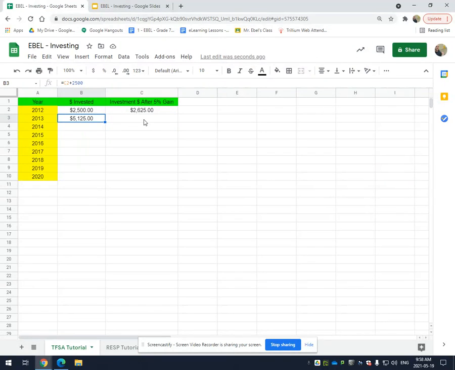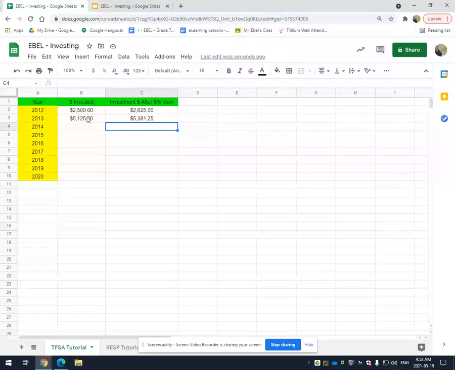And then I'm going to do the same thing right here. You can drag the column down to just copy the formula, but just to show you guys the actual math again, I'm going to put equals, take this amount for B3, 5,125, and multiply by 1.05, and that gets me to $5,381.25.